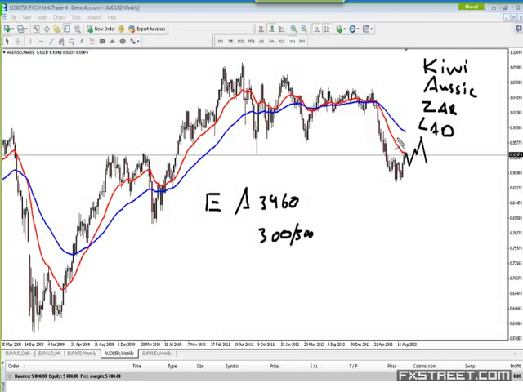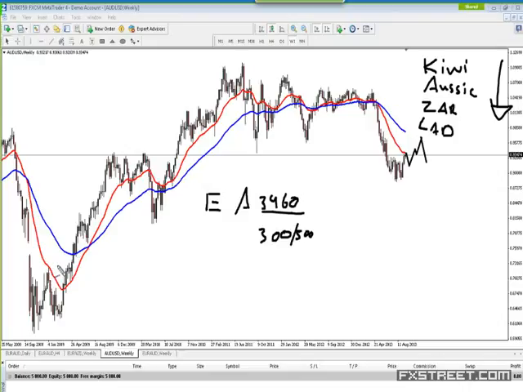Okay, the commodity currencies, right? These are probably going to be in a scenario, while this is at support, for weakness. Does that mean that they're in a position to drop directly? No. But if they are technically in a position to drop, then those will be the preferred currencies, and you can catch a wave of commodity currency weakness.